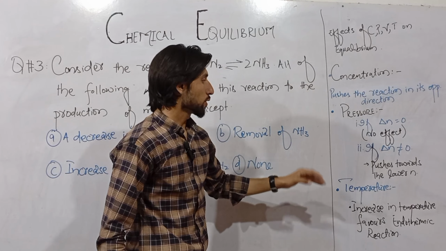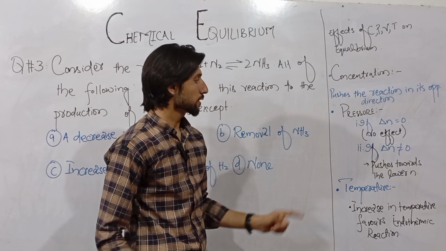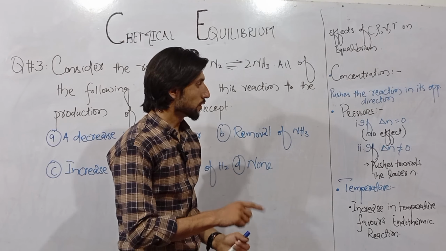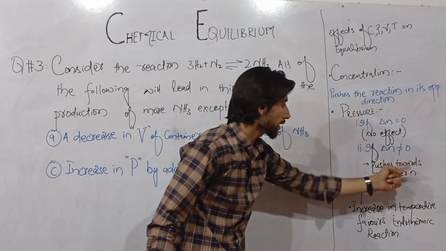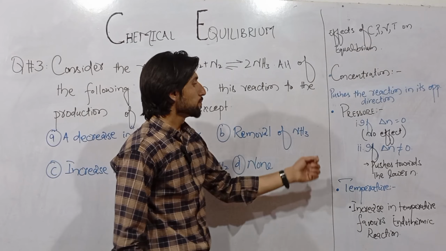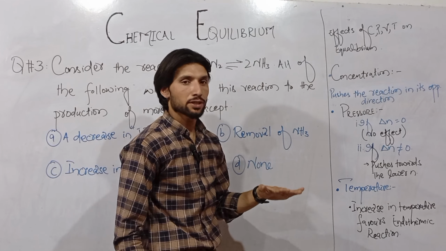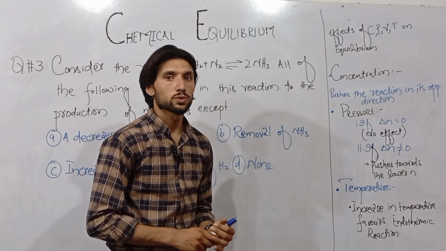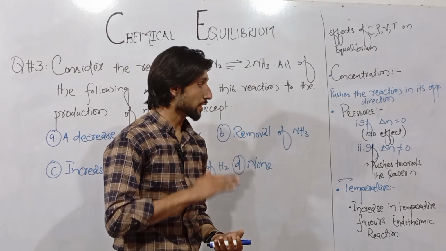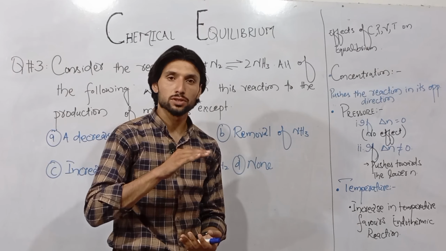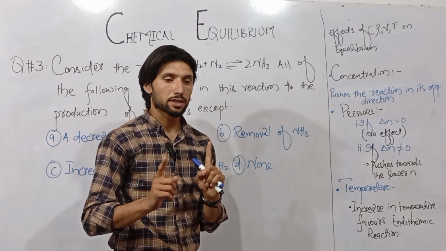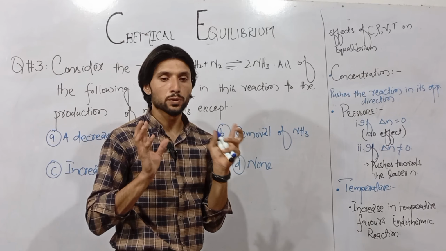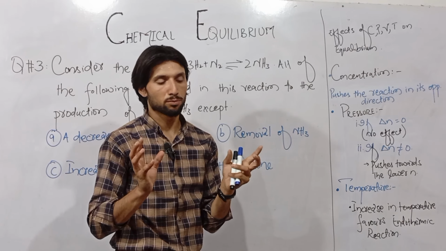An increase in pressure will push the reaction in the direction where there is lower N. What does this mean? If you increase the pressure on the system in which the reaction is happening, the reaction will go in the direction where the number of moles is lower. We look at the number of moles on the reactant and product sides.